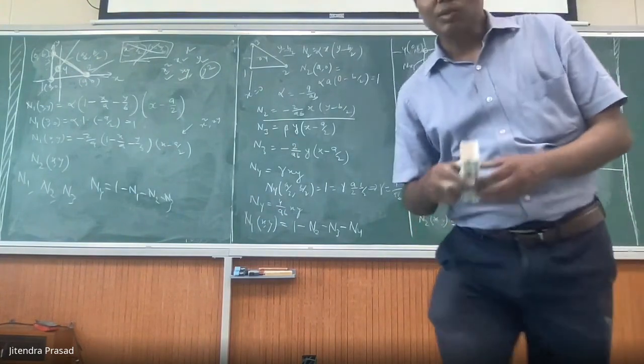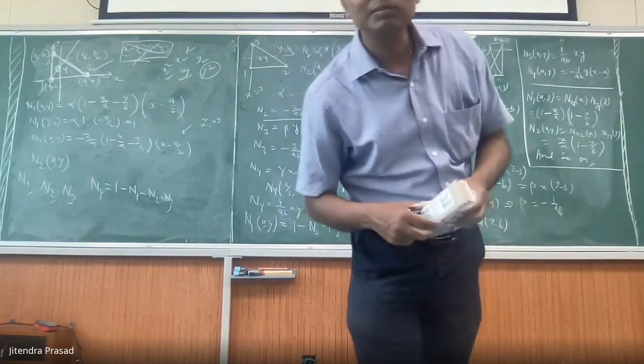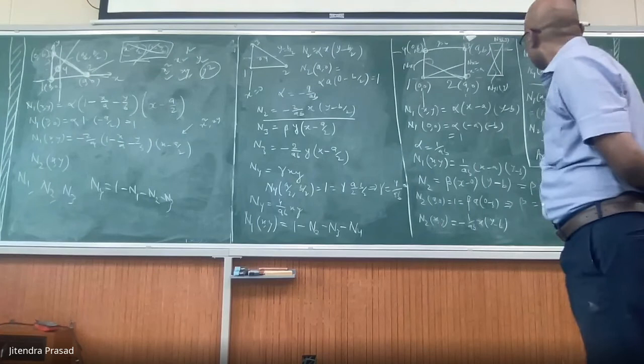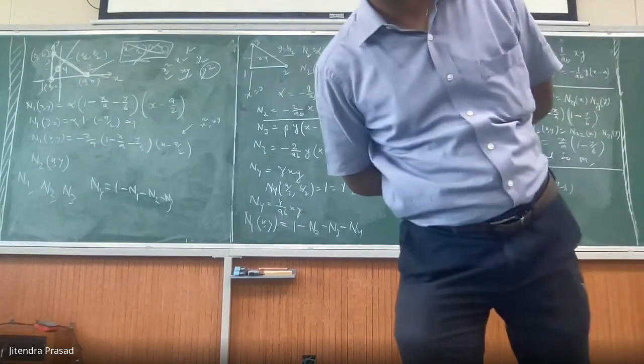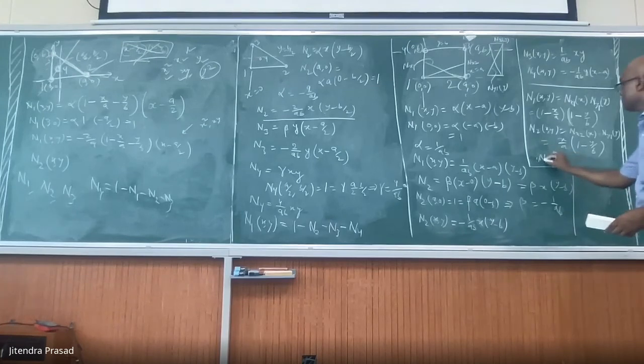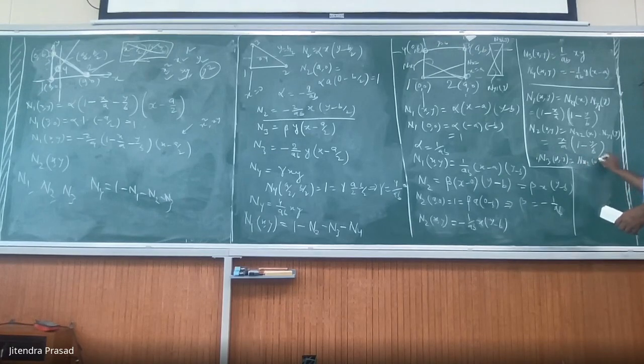Any question, guys? Those online? I can spell it out also. Here, n3(x,y) equal to nx2(x) ny2(y) is equal to x over a times y over b, right?